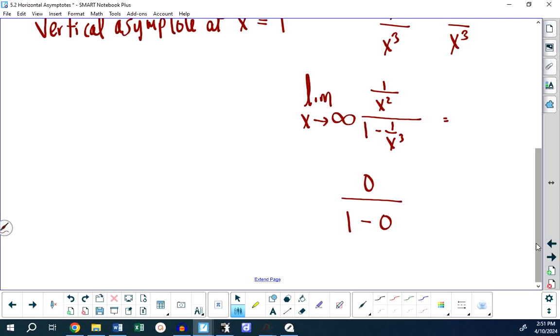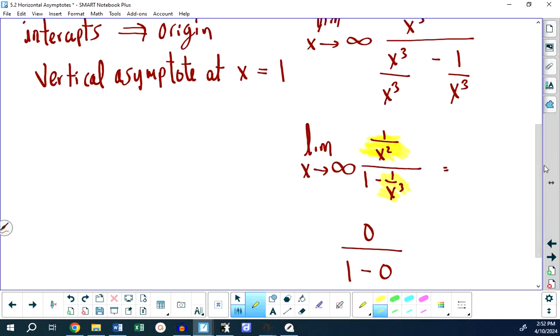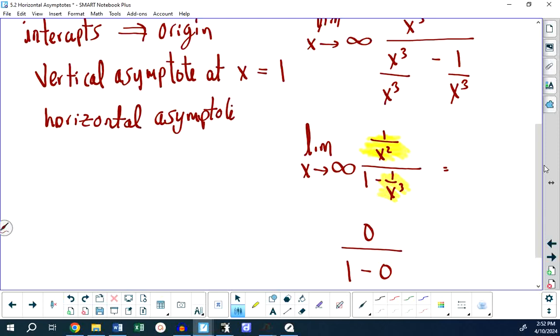Because these things I'm highlighting become 0 at infinity. So we have a horizontal asymptote at y equals 0.